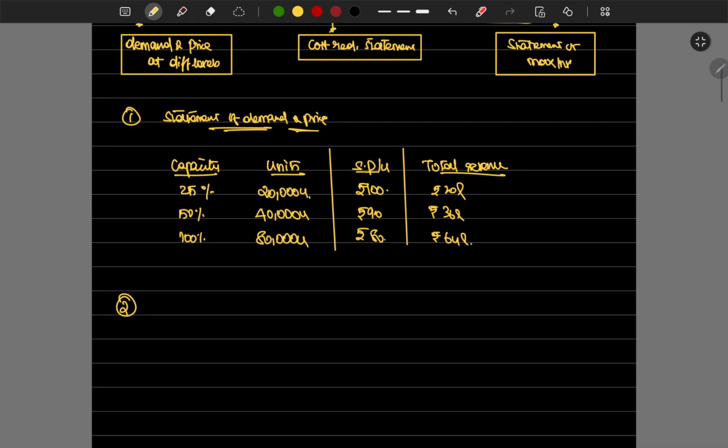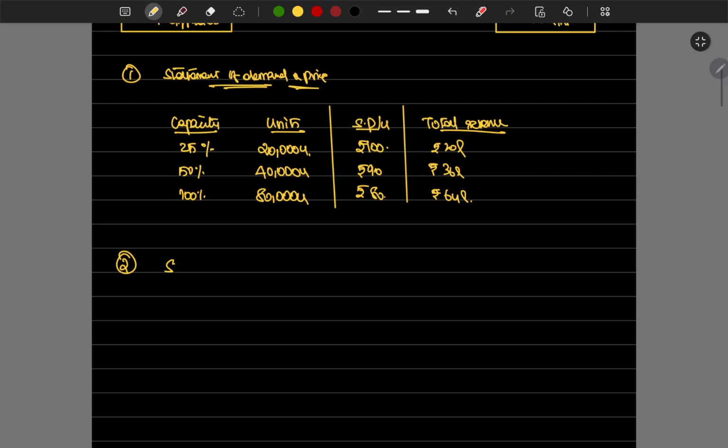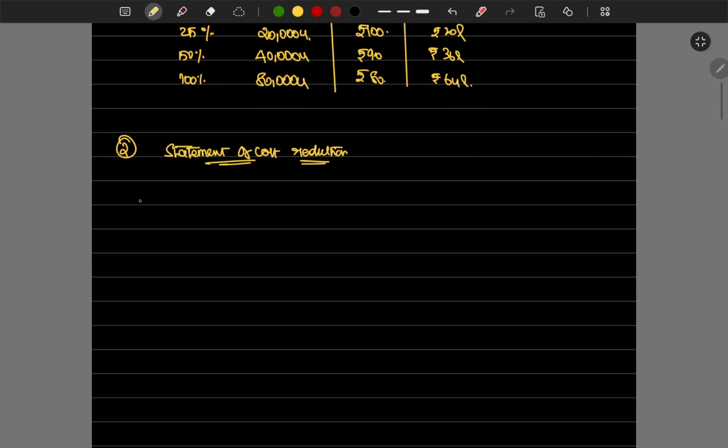The second step is the cost reduction statement.